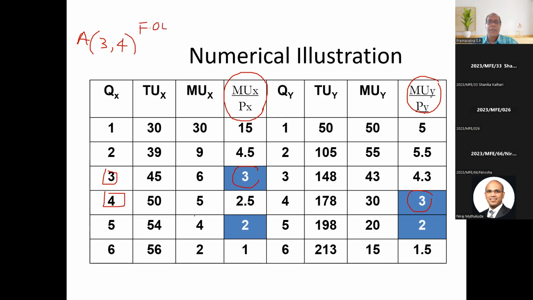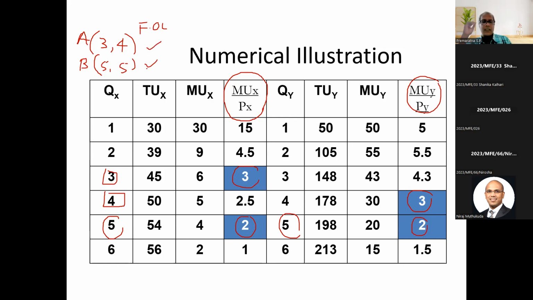But there is another basket here where the same condition is satisfied, because the marginal utility per dollar is equal in both cases. That basket I label as B. You can see 5 units of X and 5 of Y. That basket also is in this table, and by the first order condition it is satisfied.